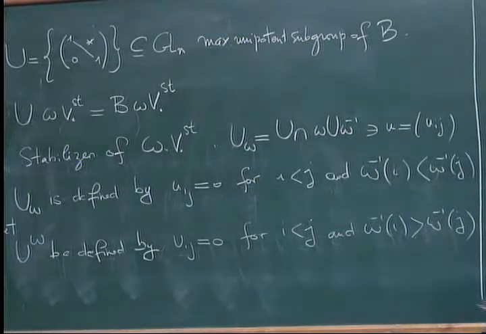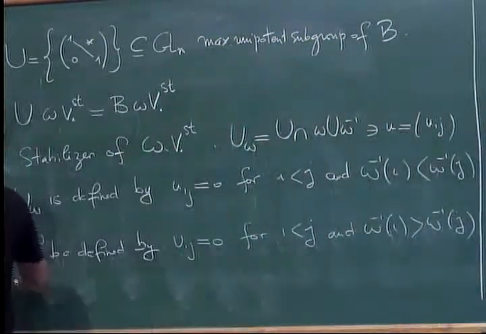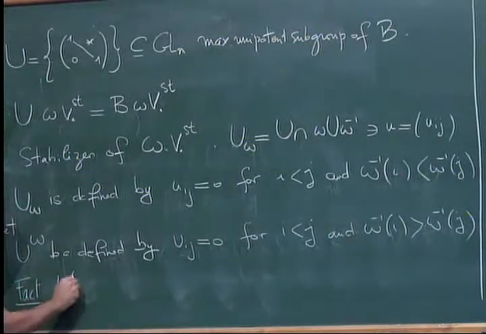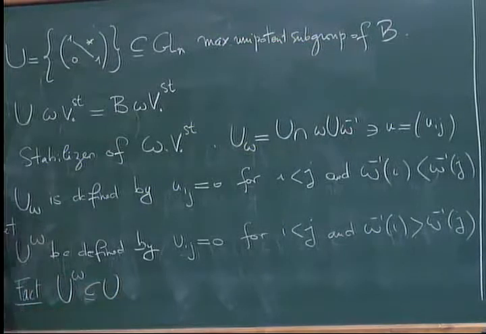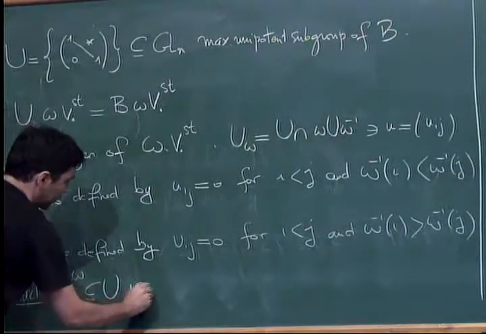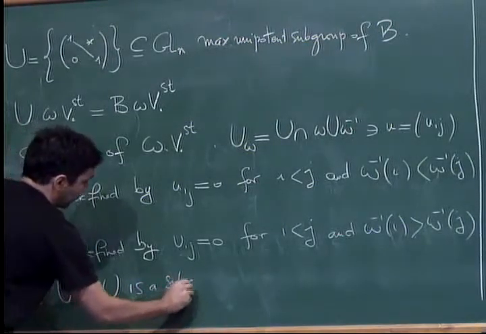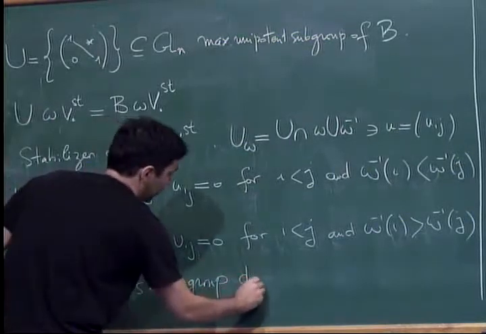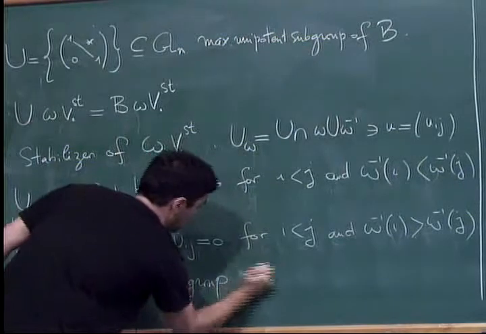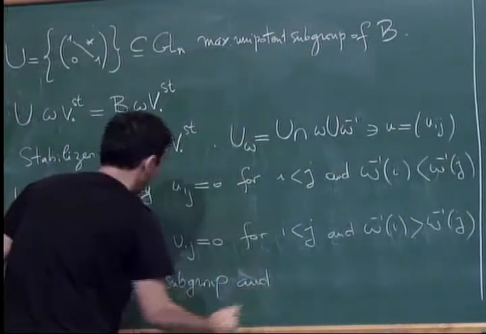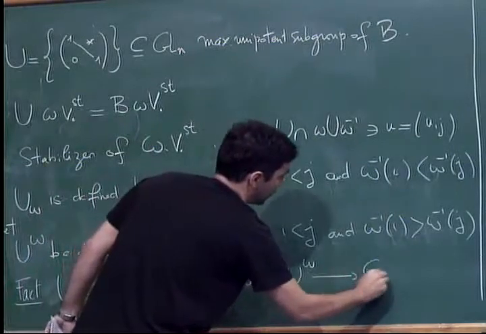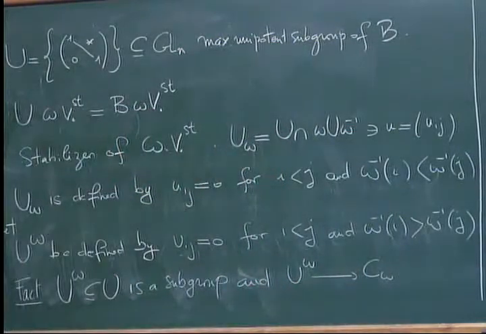So now the fact is U^omega is a subgroup, and the natural map from U^omega to the Schubert cell is an isomorphism.